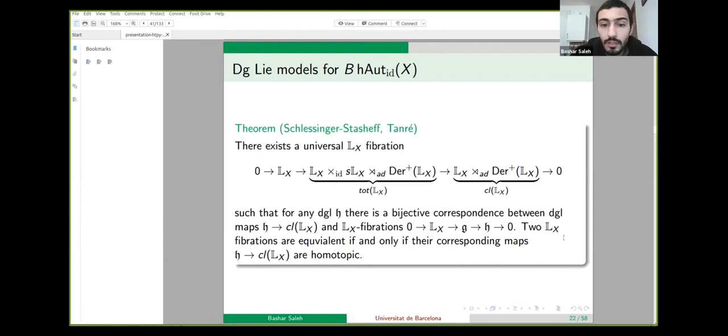So two L_X fibrations are equivalent if and only if their corresponding maps from H to C L_X are homotopic.